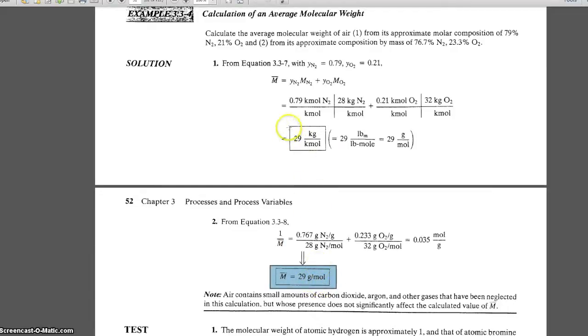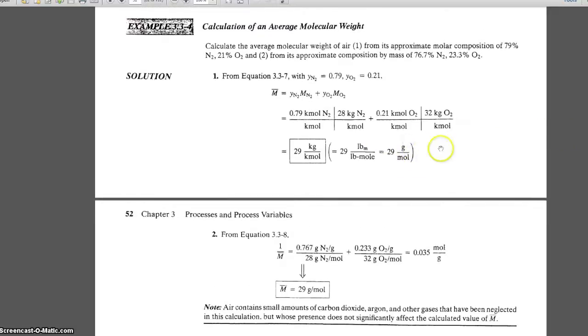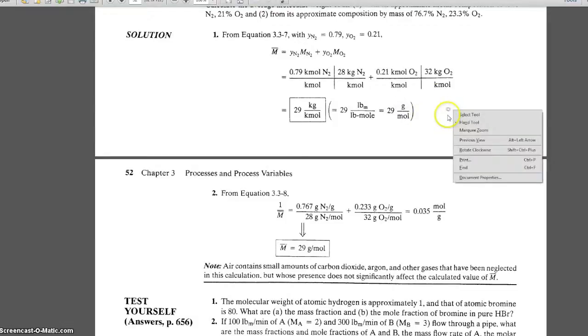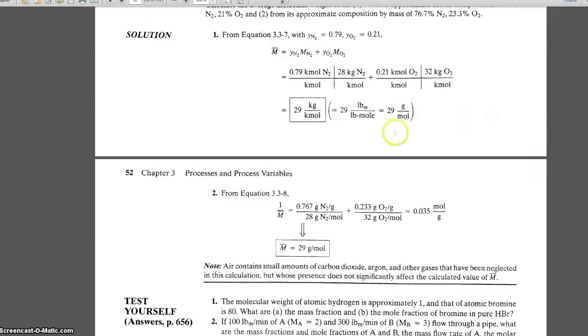It's the same thing as using the first equation, since the first equation uses kilogram per kilomole, while this is gram per mole, you can see it's the same thing. Alright, so that's about average molecular weight.